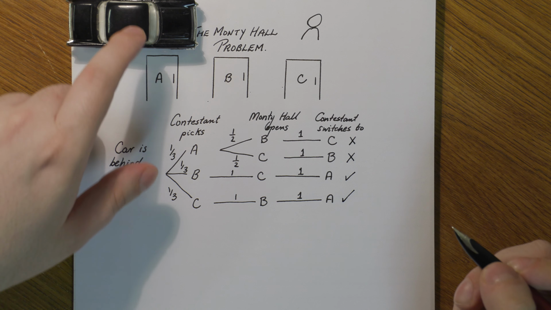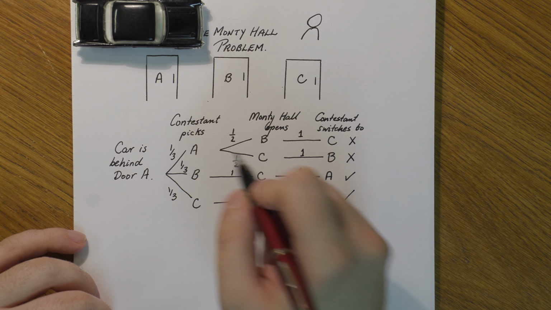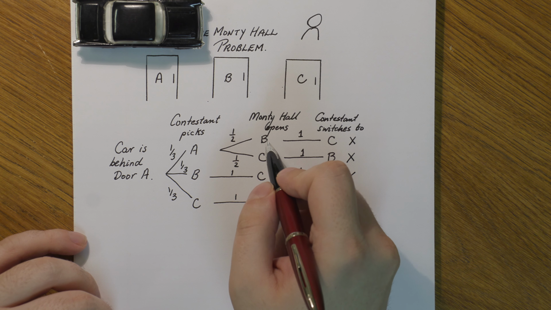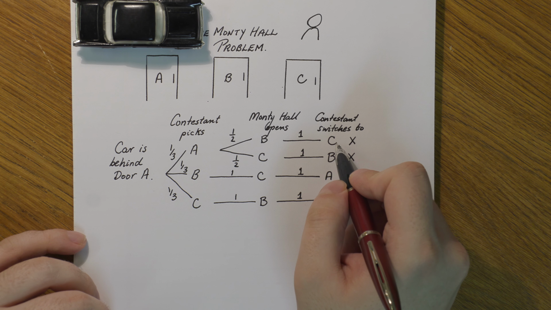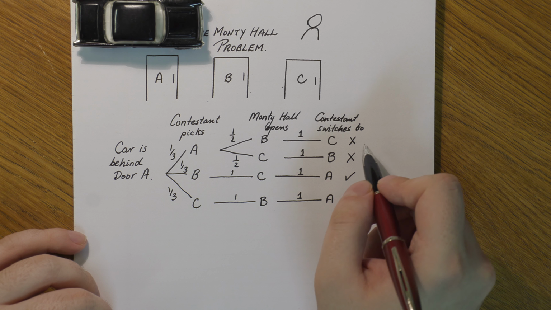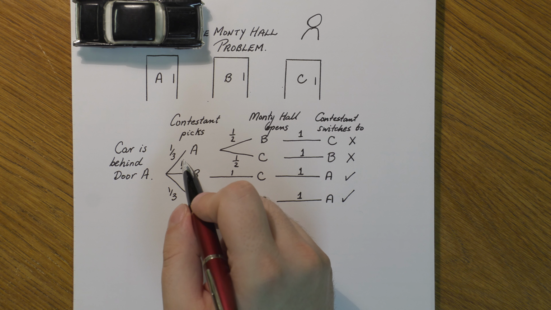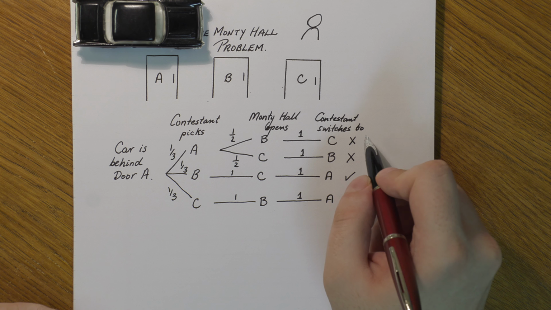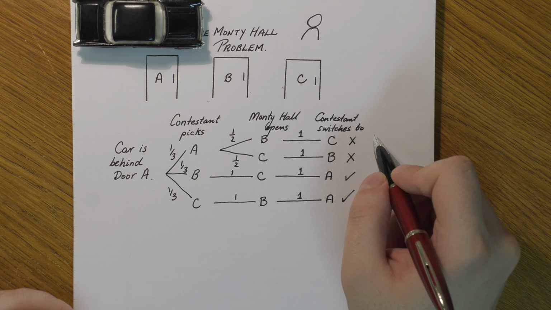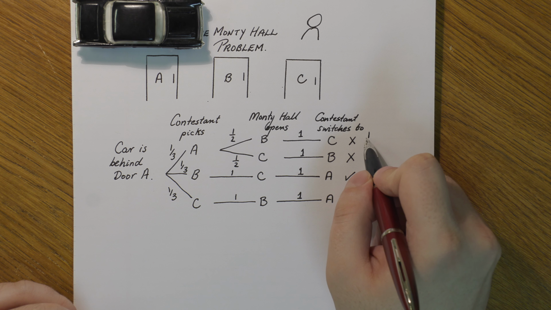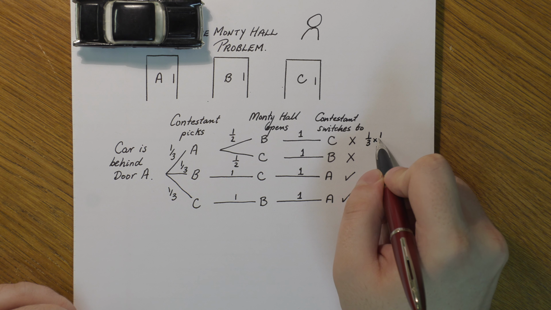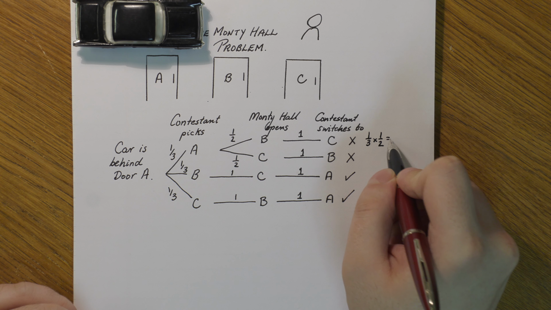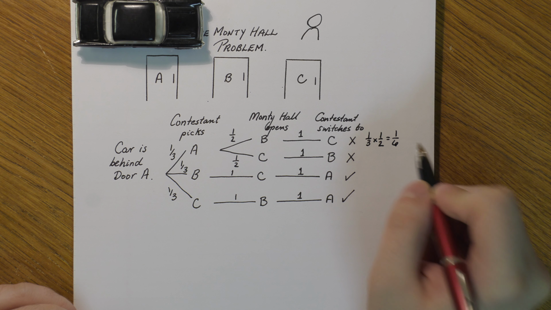They'll win. So the probability of this case happening, where a contestant picks door A, Monty Hall opens B, and the contestant switches to C, is found by simply multiplying the probabilities along the branches. That's 1/3 multiplied by 1/2 multiplied by 1. We got 1/3 multiplied by 1/2, which gives me 1/6.